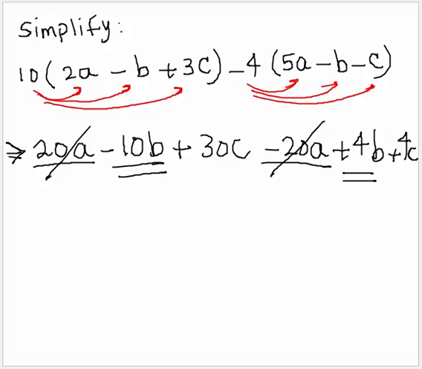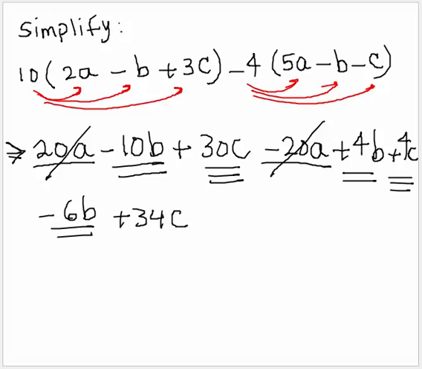Minus 10B plus 4B, that gives me minus 6B. Very good, minus 6B. And then here we have 30C plus 4C, that gives me plus 34C. Okay, if you all can follow this, please put a check mark next to your name.